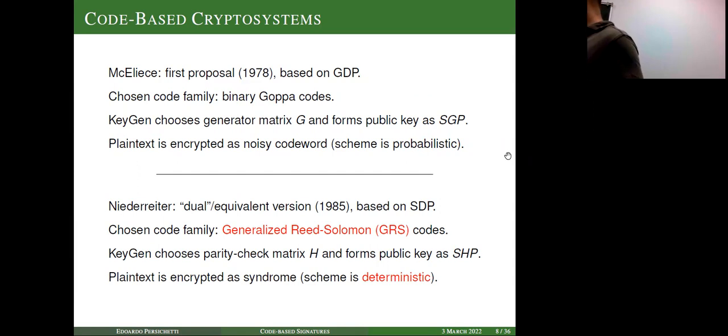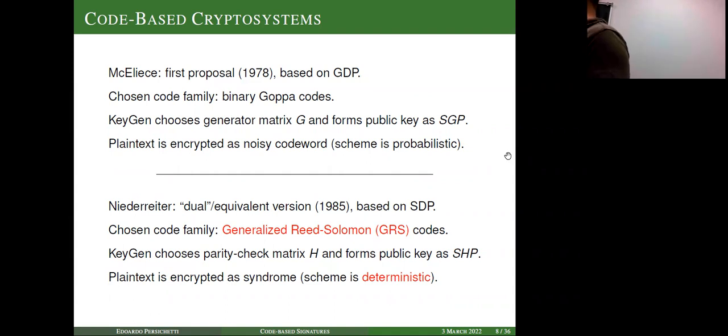So it's just the choice of code was unfortunate. But the idea is that instead of encrypting a plaintext as a noisy code word, you encrypt it as a syndrome. So you somehow turn your message, which is, I don't know, a bit string, into a fixed weight vector, and then you compute the syndrome, and then finding the plaintext is the syndrome decoding problem.